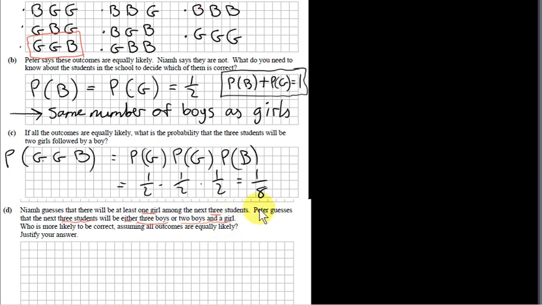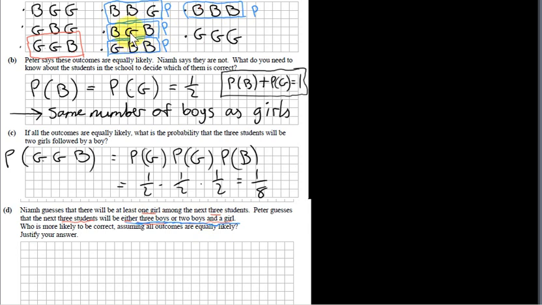So that's Peter's guess. So I'll highlight this in blue. So here they are, 3 boys or 2 boys and a girl. So this option consists of 2 boys and a girl, so does this one and this one.